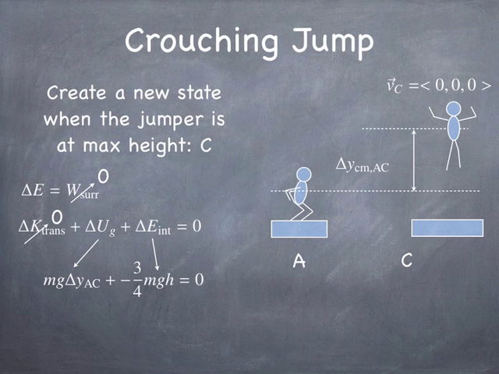But we already worked out the change in the internal energy. That happened between points A and B, and so we can simply put that in, and we know that is the only energy available to raise the potential energy. So we can solve then for delta y AC, and we find out that it's 3/4 of the height. And that's pretty much the end of the story.